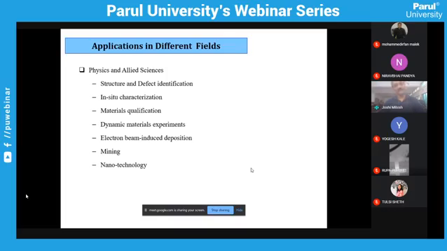But somehow, in a lab, you can prepare it by high temperature and high pressure. After preparation, you need to identify the structure. In that case, this SEM is used. It is also reported.